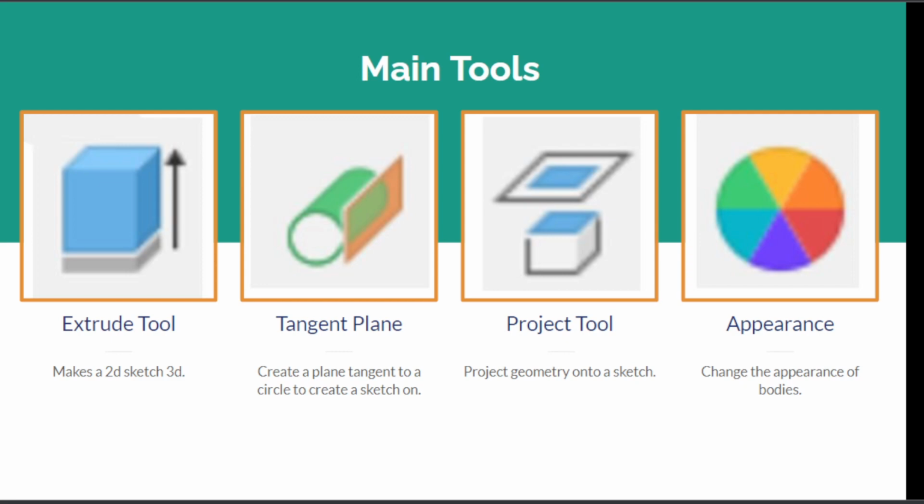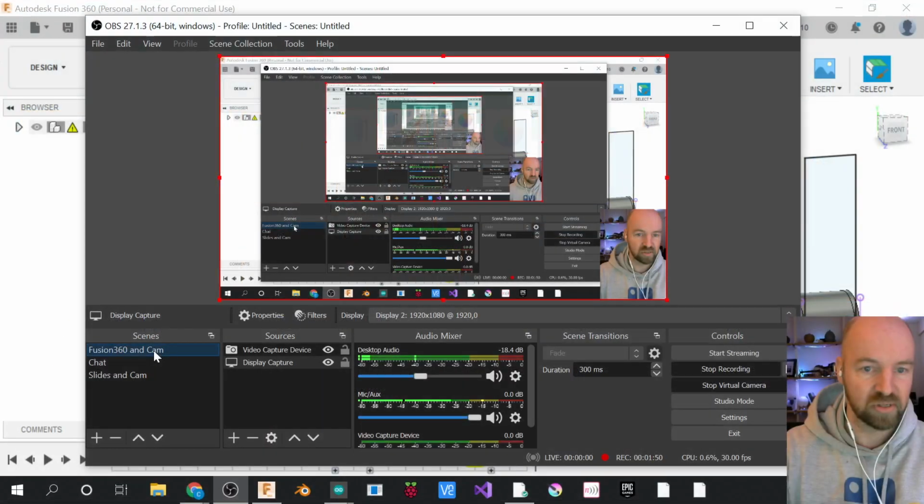We're going to be using the Project tool, which is one of my favorite go-to tools in Fusion 360. And then at the end of class today, we're going to be talking about the difference between appearance and physical material. We're going to be using probably appearance in general, but we'll talk about physical material a little bit and a little bit of those differences and how to utilize them.